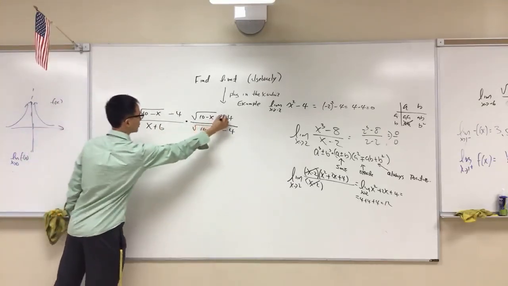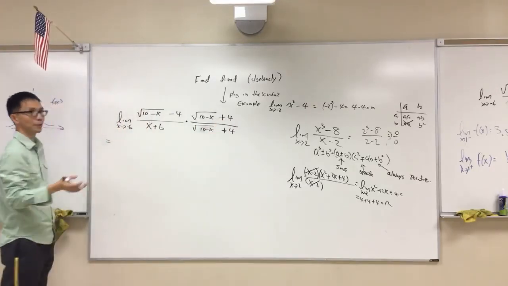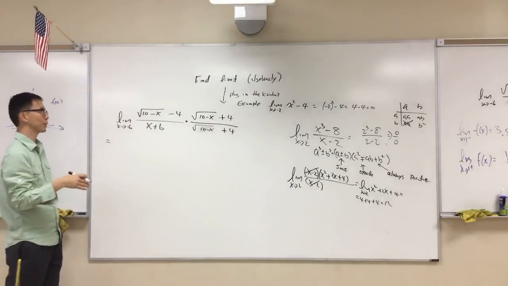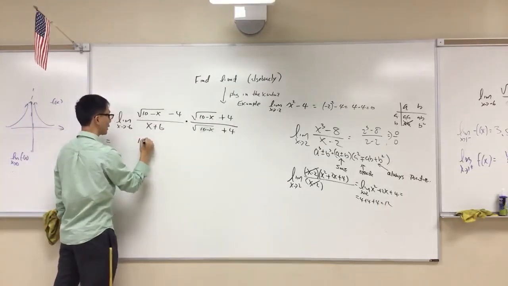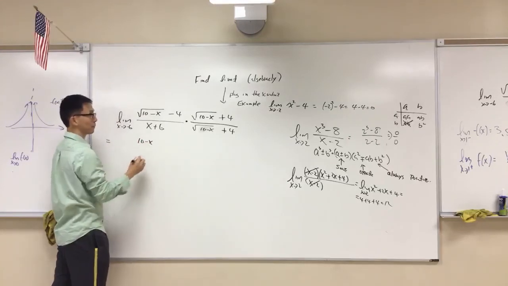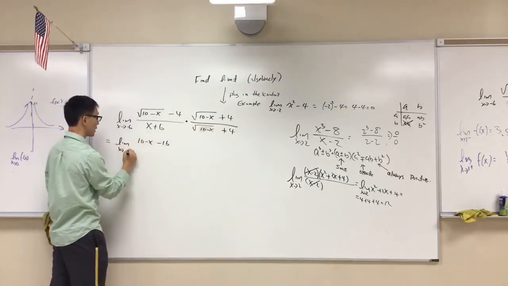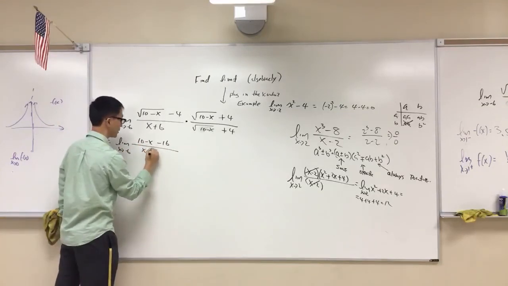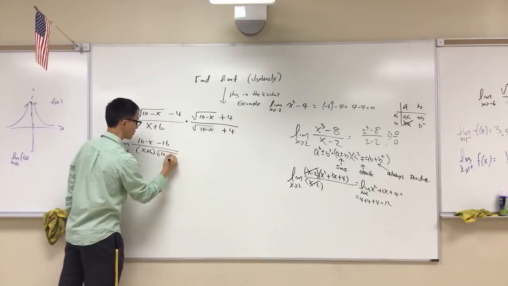It's conjugate, so it has to be the opposite sign. And the reason is that it's a difference of squares: when you FOIL, it becomes a squared minus b squared, so this part will cancel out. 10 minus x minus 16, over x plus 6, limit as x approaches -6. And you do not want to FOIL the bottom because that's nasty.